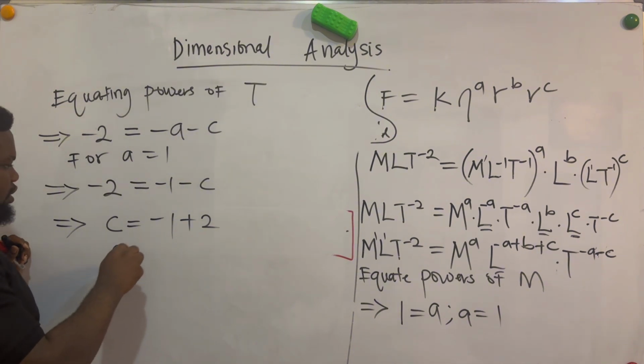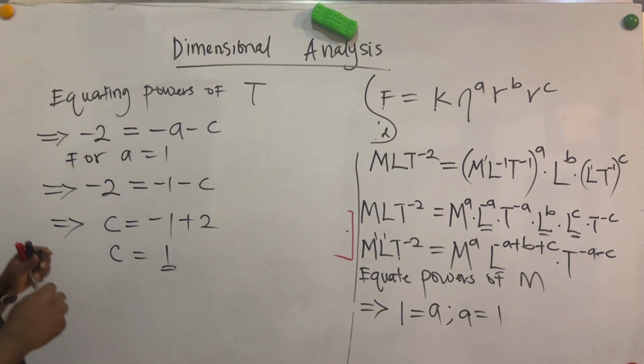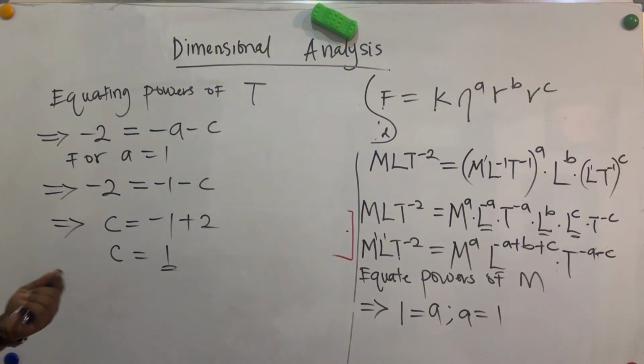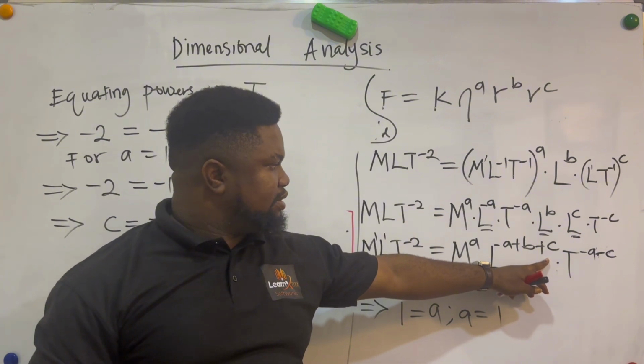So C is equal to 1. Yes. Now we can find B.